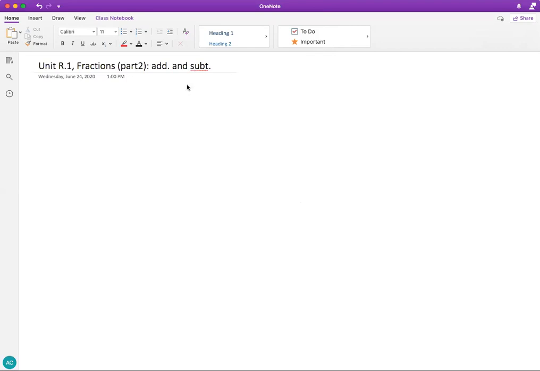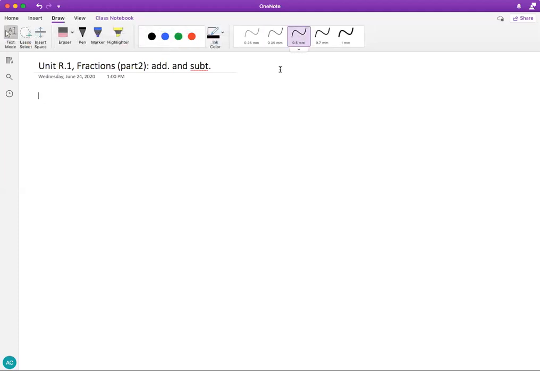So first, we need to know that when adding fractions, you first have to have the same denominator, what we call the least common denominator, or we refer to it also as the LCD.